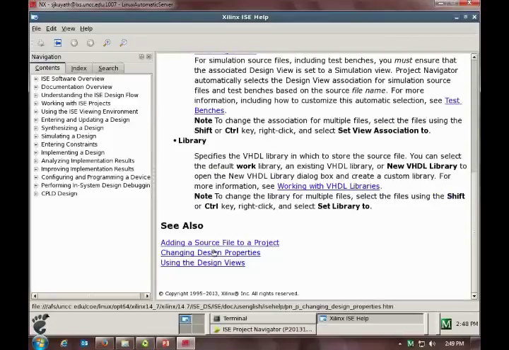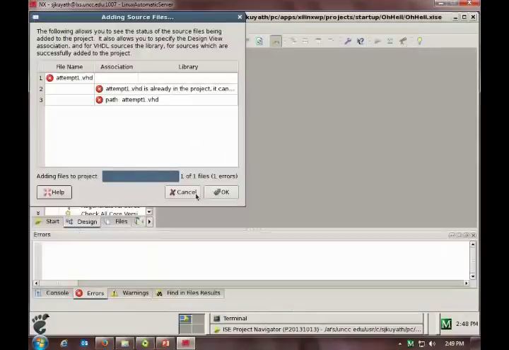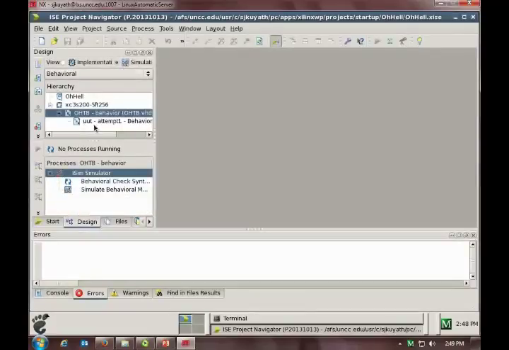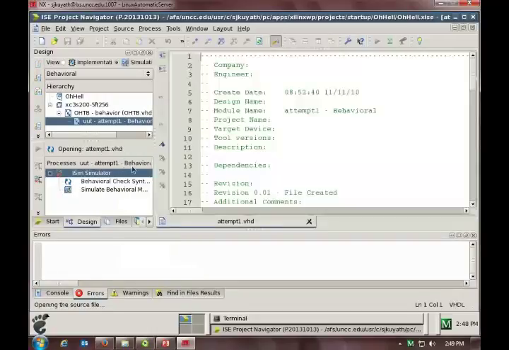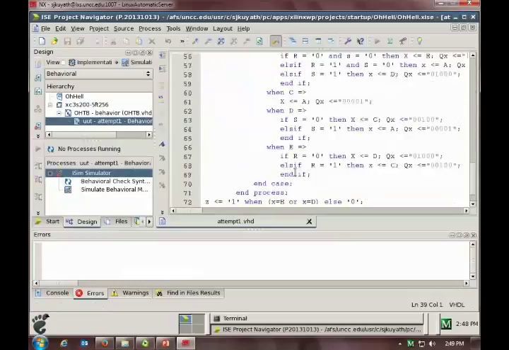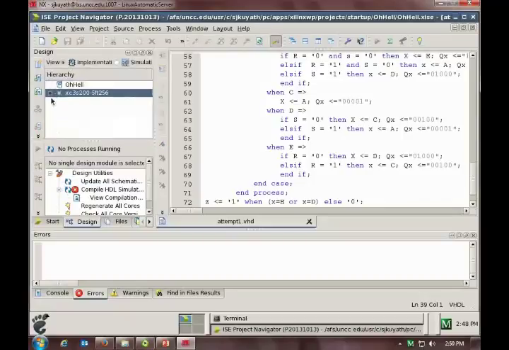What it might be doing is, since I've got that association with the simulation, see there, it sees it. Open that source. Is that it? There it is. It's just not showing it over here.